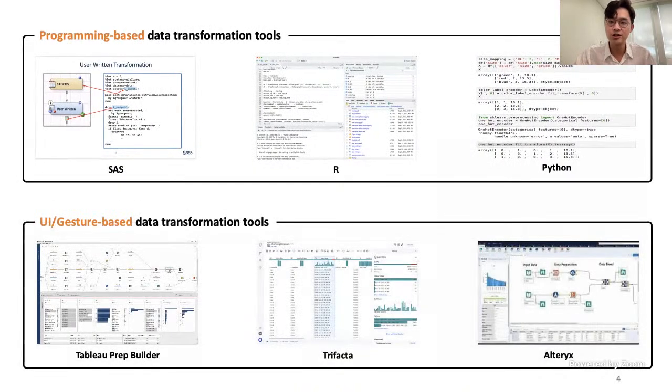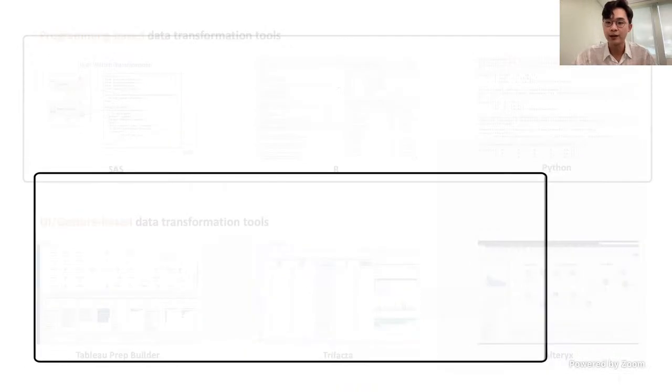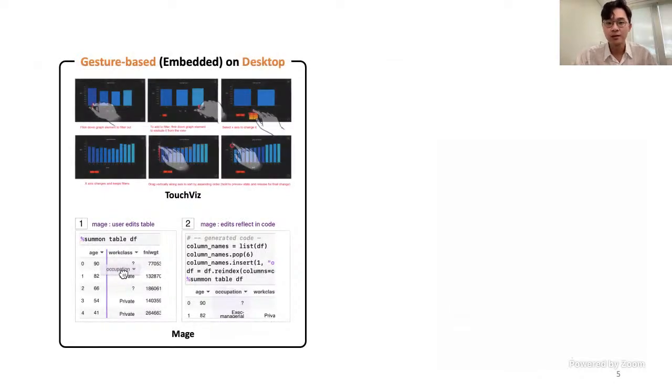To address such limitations, UI-based tools like Tableau have been proposed, where analysts can perform data transformation by simply clicking several buttons, or by doing several gesture interactions. There has been a lot of exploration already, and they say that performing data transformation with gesture interaction was much more effective and intuitive.